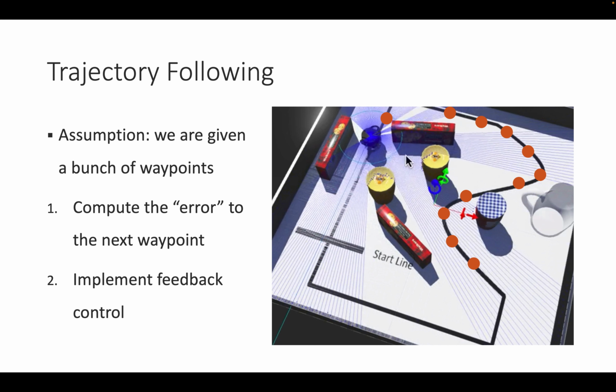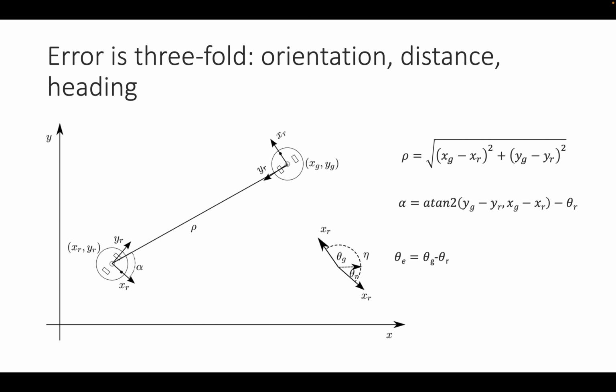And the idea is to set a number of waypoints, compute the error from the robot's current pose to the pose of the next waypoint on the list, and then use a so-called feedback controller to drive the robot to the waypoint. When considering a mobile robot, the error can look like this.